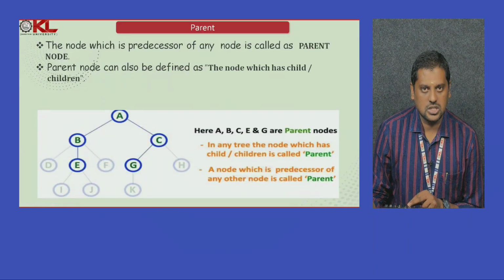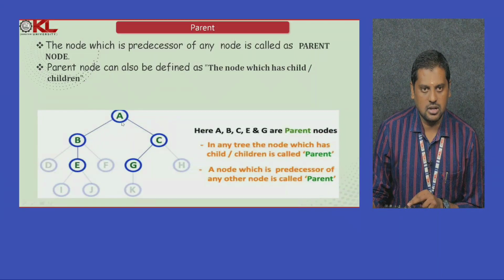The next terminology is a parent. In this example, you should know what a parent node is first. The node which is the predecessor of any node is said to be a parent node. A parent node can also be defined as the node which has a child or children.